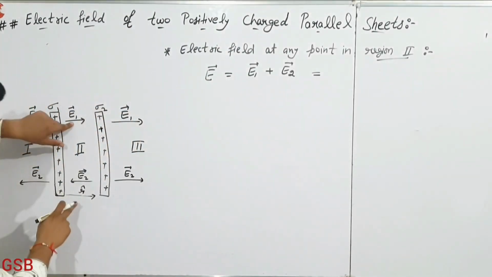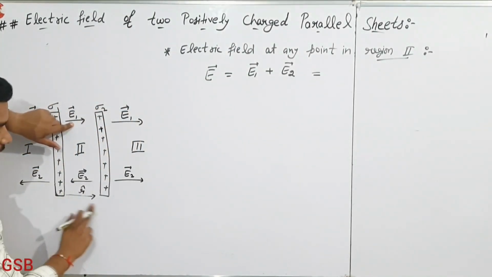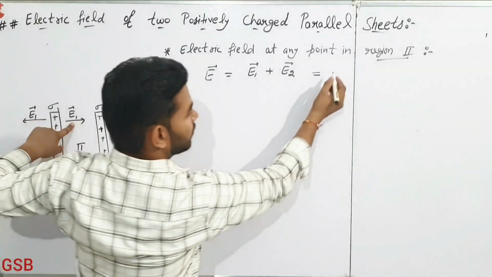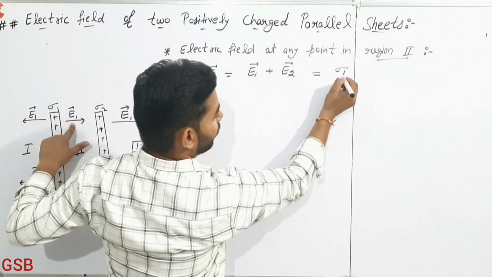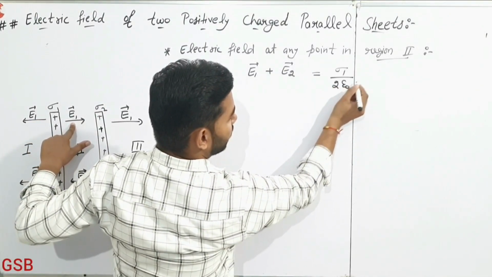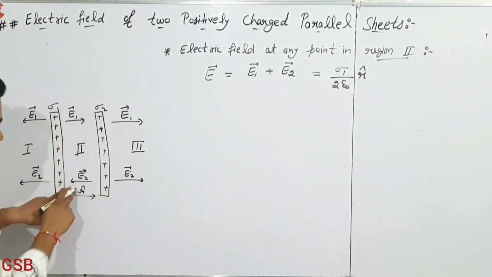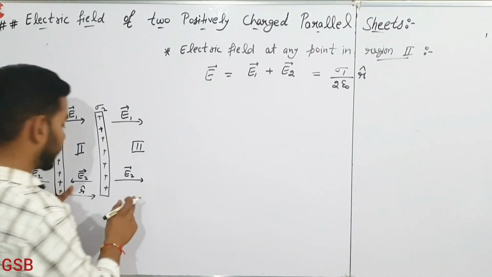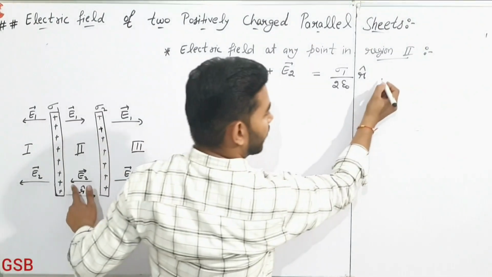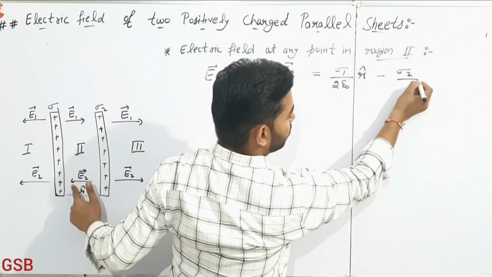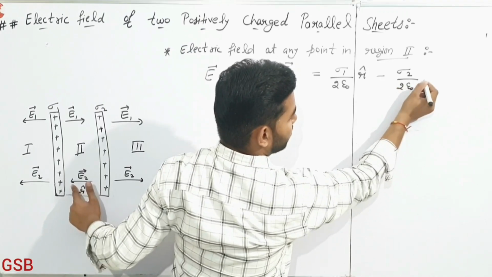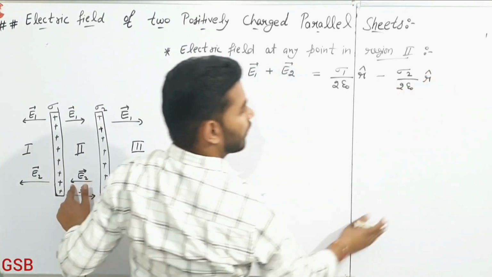E1 is in the direction of unit vector, so we write sigma 1 by 2 epsilon naught R cap. But E2 is opposite to the unit vector R cap, so we write here minus sigma 2 by 2 epsilon naught R cap.